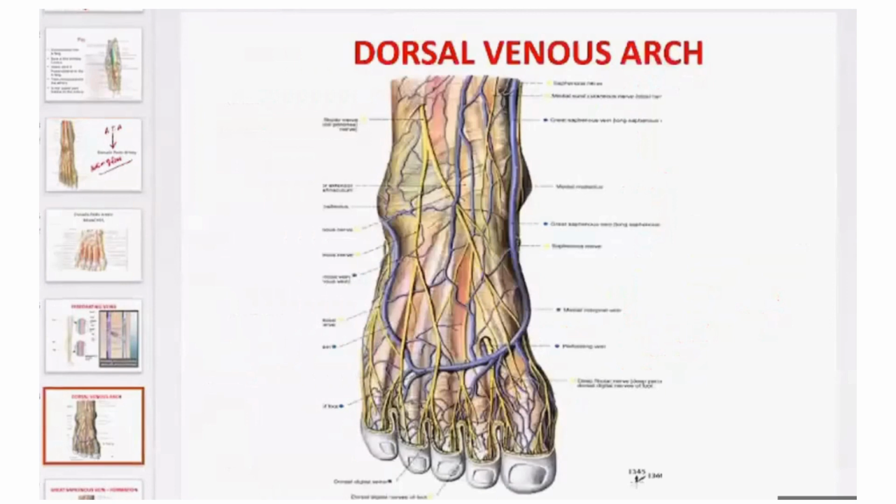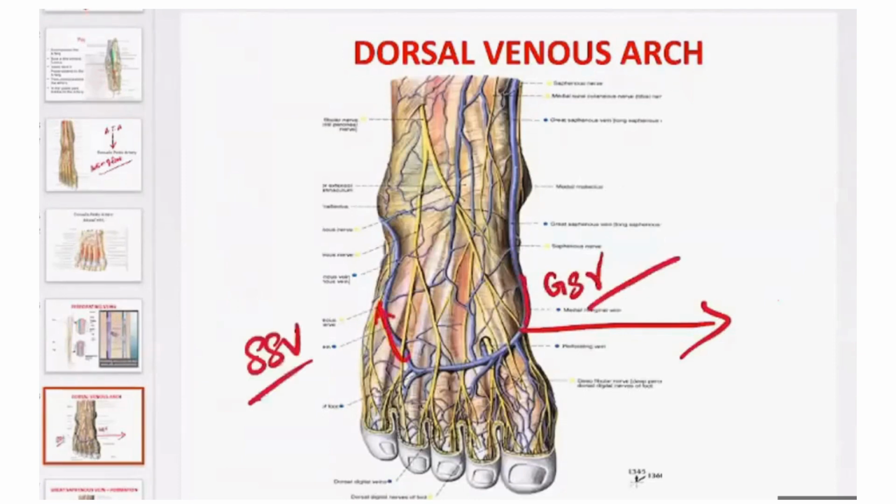What is this arch? Dorsal venous arch, which continues above medially as great saphenous vein, and continues laterally as short saphenous vein. Able to see great saphenous, short saphenous.